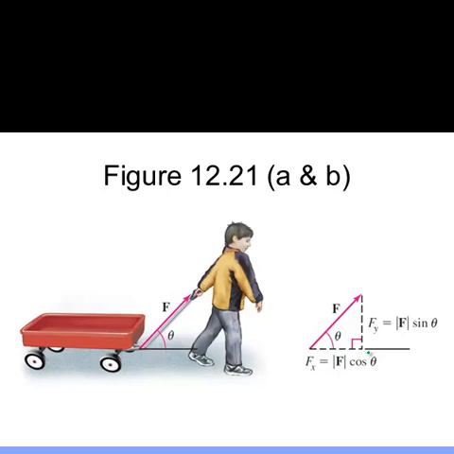The x component of the force is the magnitude of the force times the cosine of angle theta, and the y component of the force is the magnitude of F times the sine of theta. So you can think about vector F as being broken down into horizontal and vertical components.